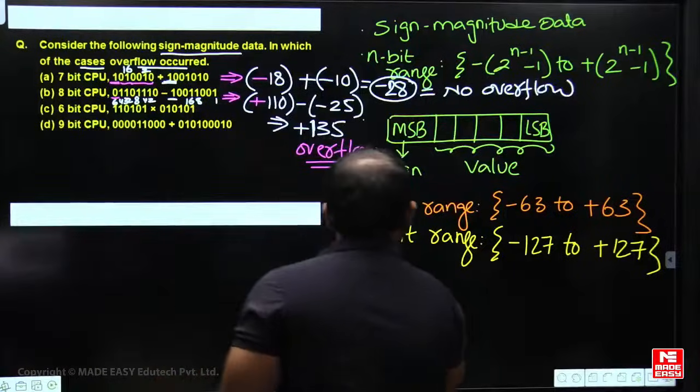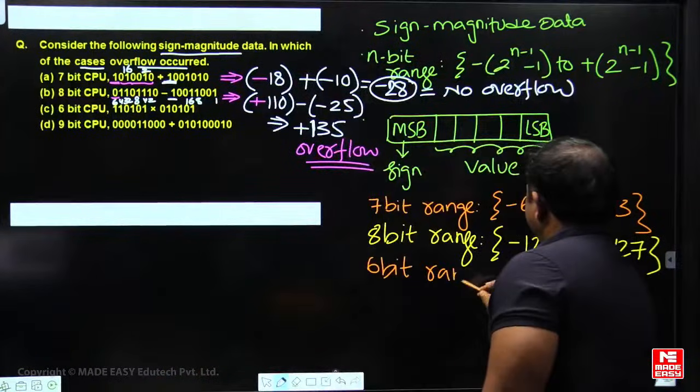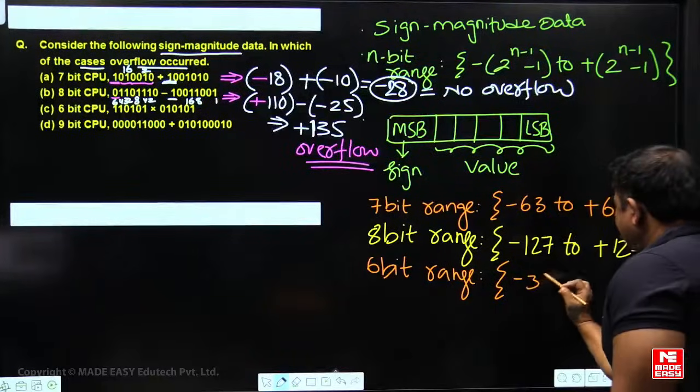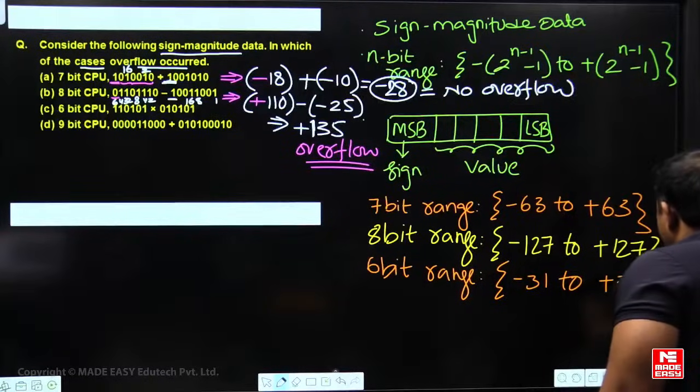Next one is the 6-bit. The range is -31 to +31.